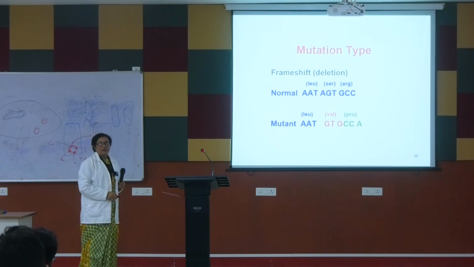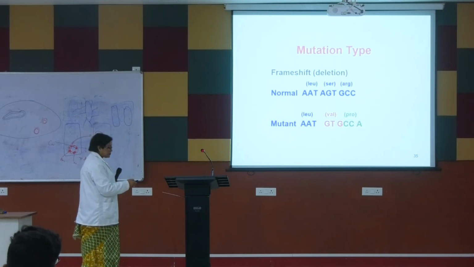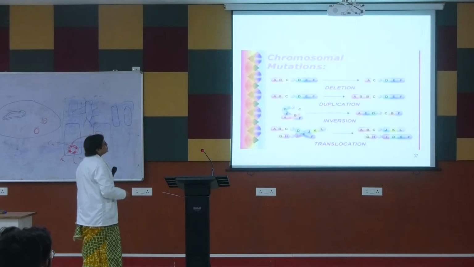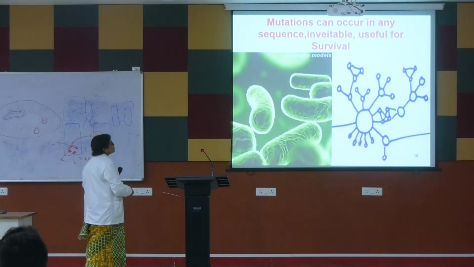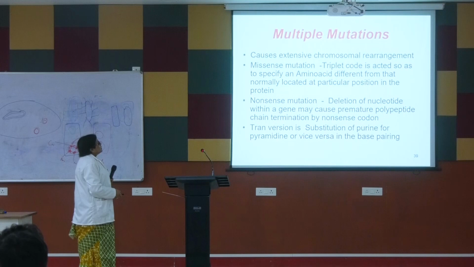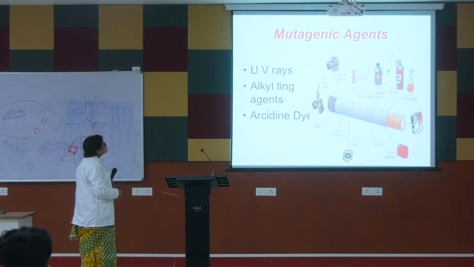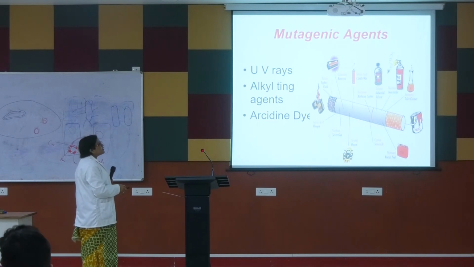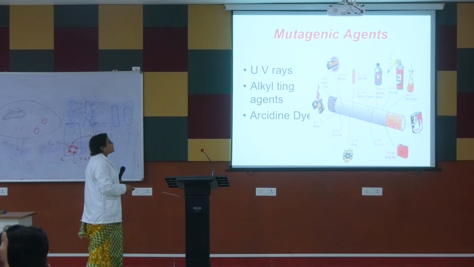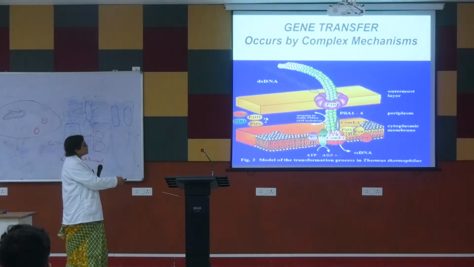So it is changed and it is permanent. Mutagenic agents: ultraviolet ray, alkylating agents, acridine dye, etc.